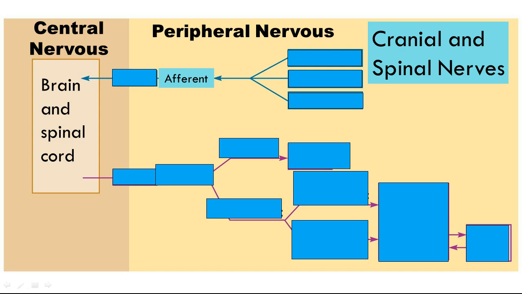So what kind of information could be conveyed to the brain or spinal cord afferently? Sensory information. Very good. So if I talk about an afferent nerve, I'm talking about a sensory nerve, whether it be from a cranial nerve or a spinal nerve. If it's afferent, it's sensory, conveying sensory information from the periphery of your body to your brain or spinal cord.